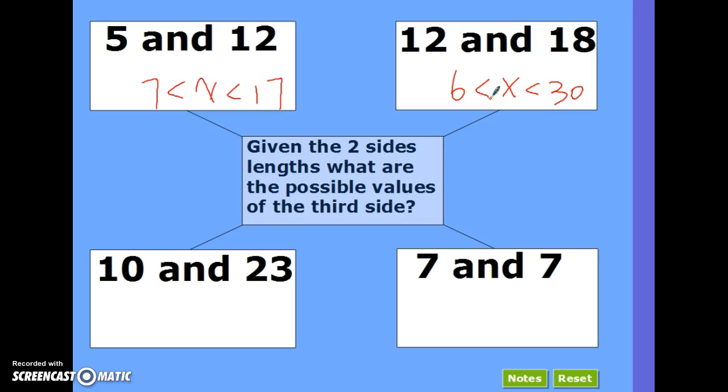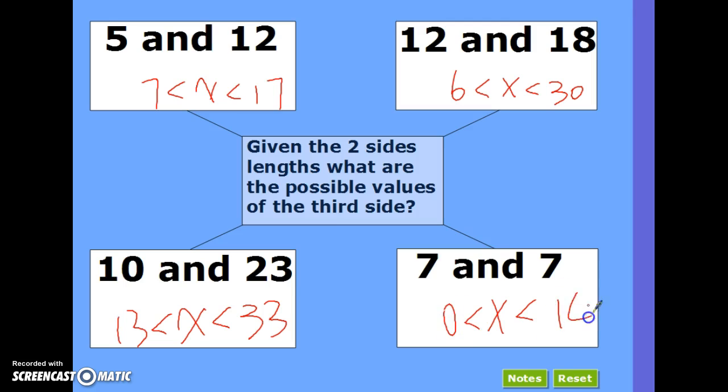Okay, and then third question, the two sides are 10 and 23. So the possible range is between 13 and 33. And last one, 7 and 7. So the third side could be anywhere between 0 and 14.